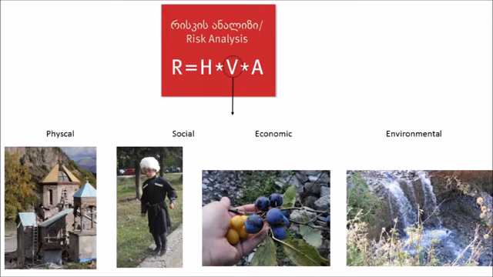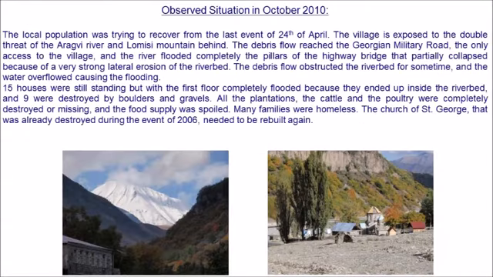So when we arrived there in autumn, what we saw was the results of this debris flow. Mleta was suddenly threatened by the double action of the Aragvi River overflowing and the Lumisi mountain behind, which was releasing water and mud and boulders.